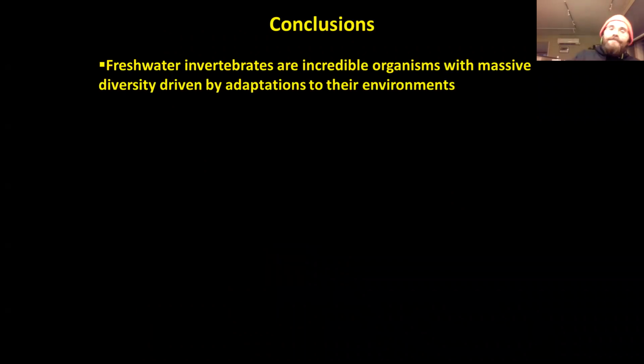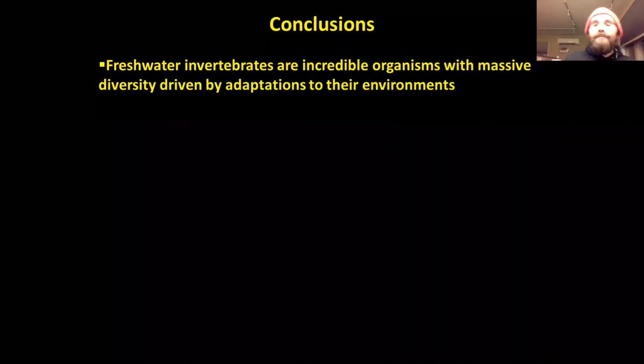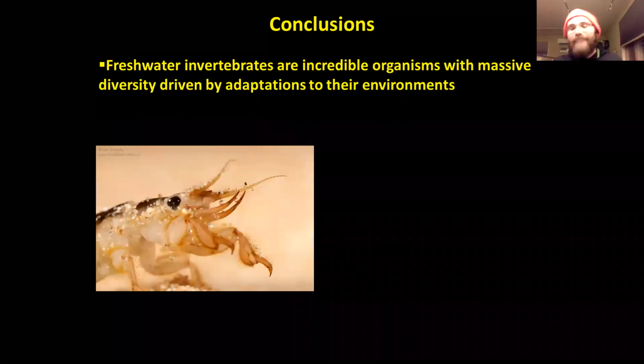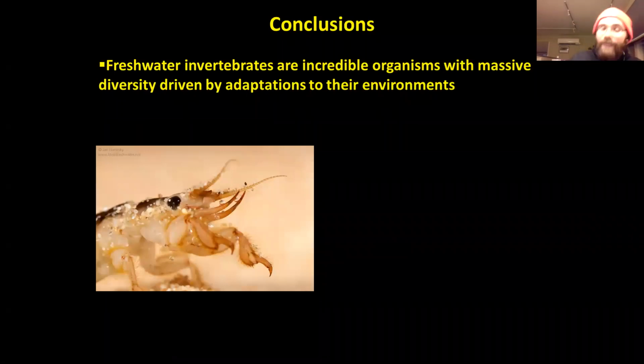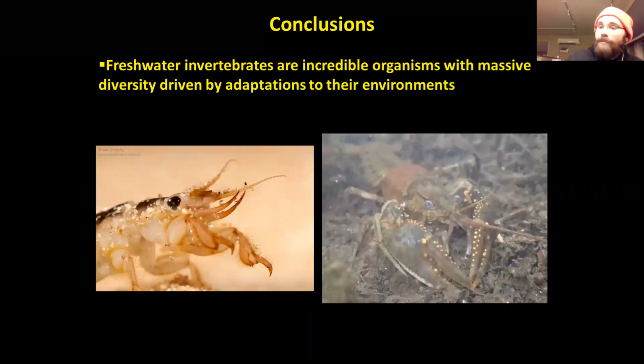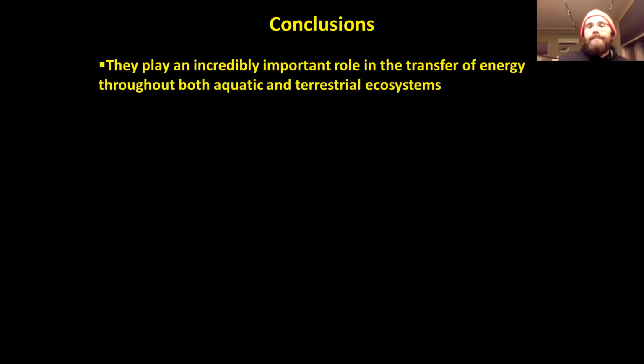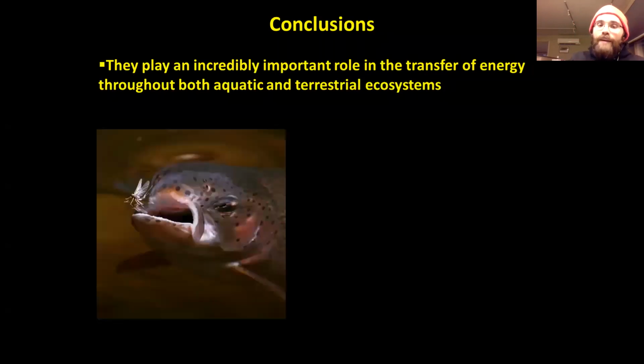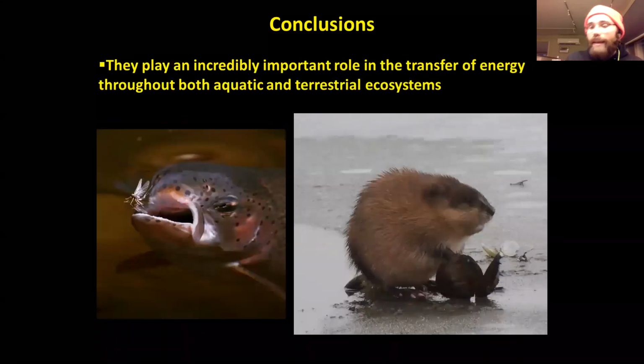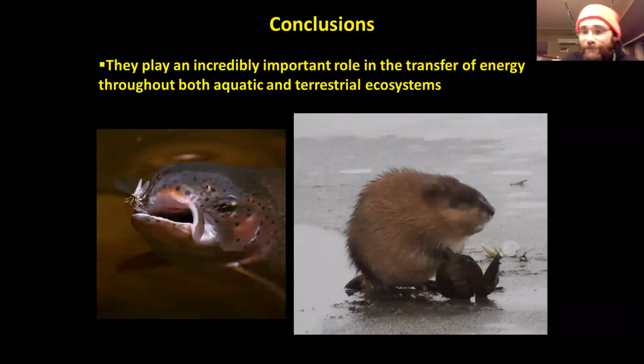All right, so some quick conclusions. Freshwater invertebrates are incredible organisms with just massive diversity driven by adaptations to their environments. And they play an incredibly important role in the transfer of energy throughout both aquatic ecosystems and terrestrial ecosystems.